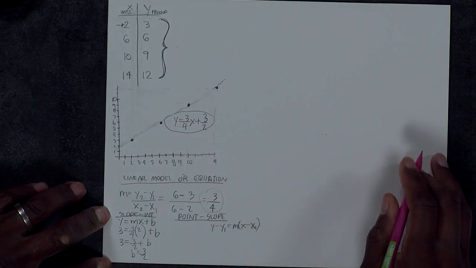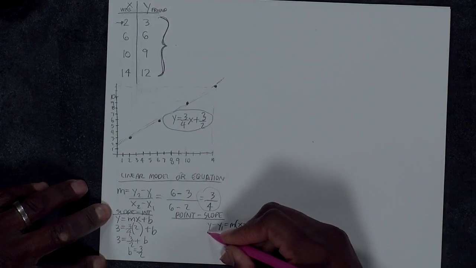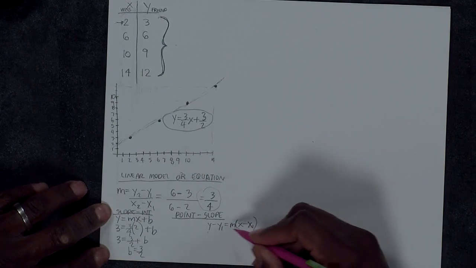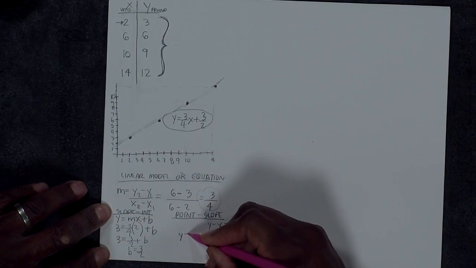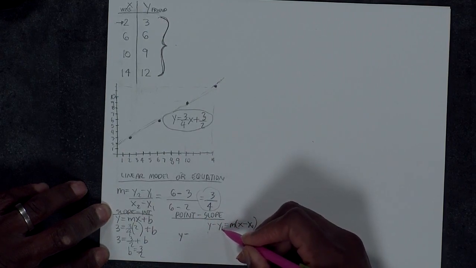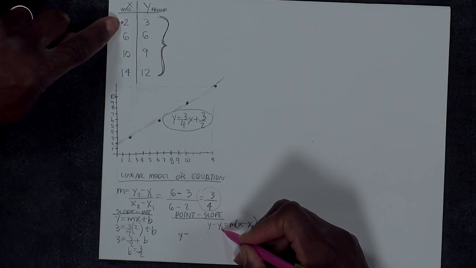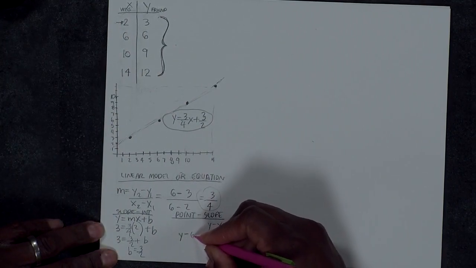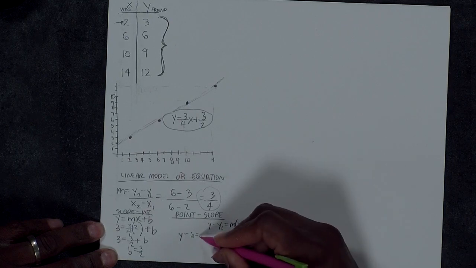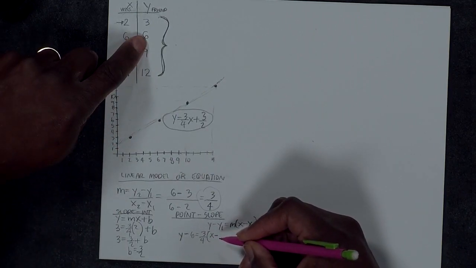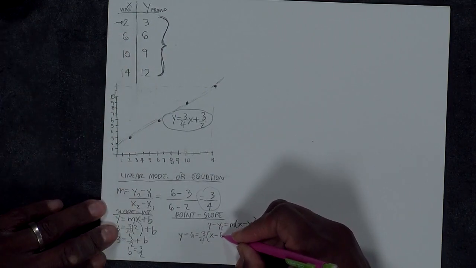You could also come up with that same equation using what we call point-slope form, where you have y minus a y value on the line. Let's just choose 6. You could use the same point if you'd like. y minus 6 is equal to the slope of 3/4 times x minus the x value here, which would be 6.